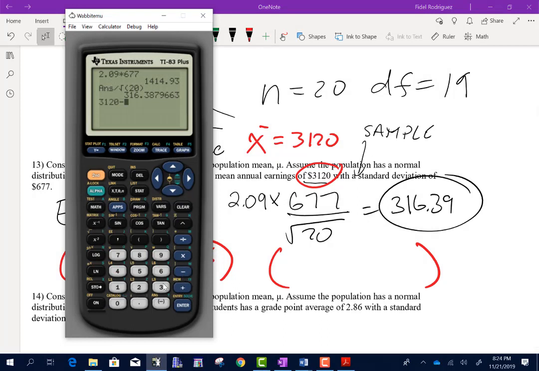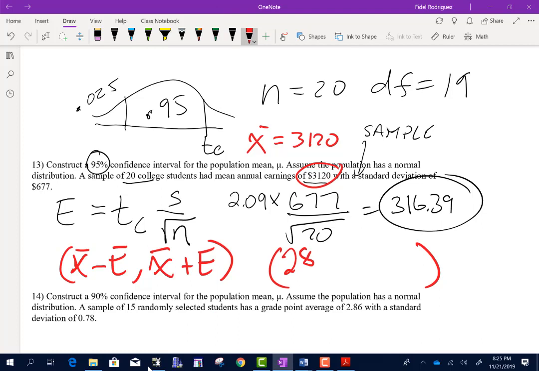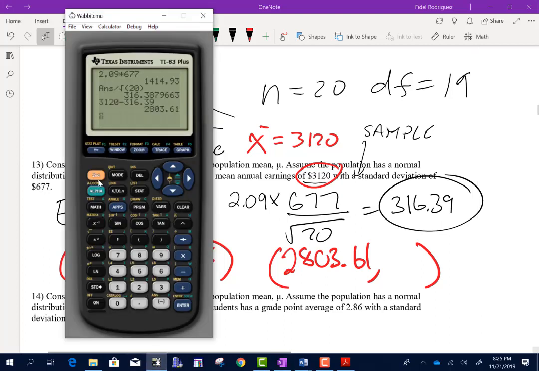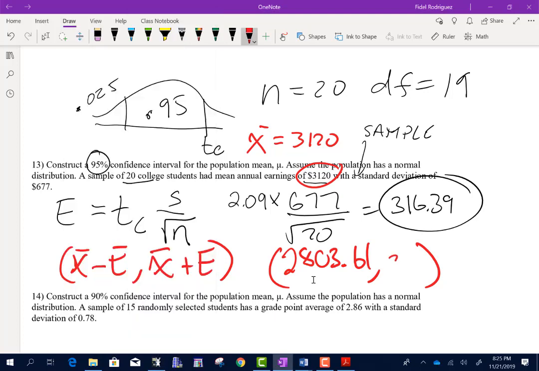The error came out to be $316.39, so I'm coming up with 2803.61. Then we do the same thing, but instead of subtracting we add it, and we get 3436.39.